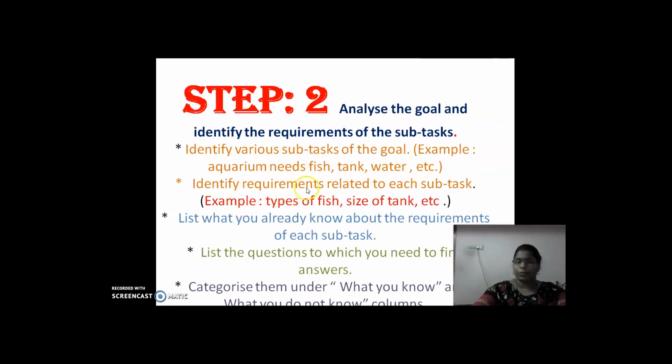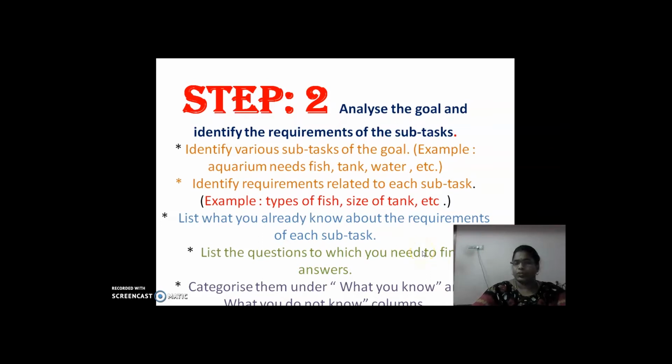Identify requirements related to each subtask. For example, types of fishes, size of tank, etc. List what you already know about the requirements of each subtask. List the questions to which you need to find answers.